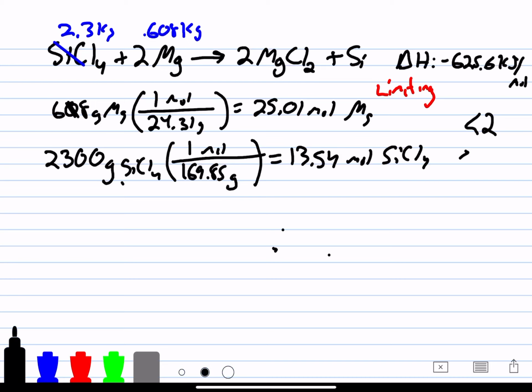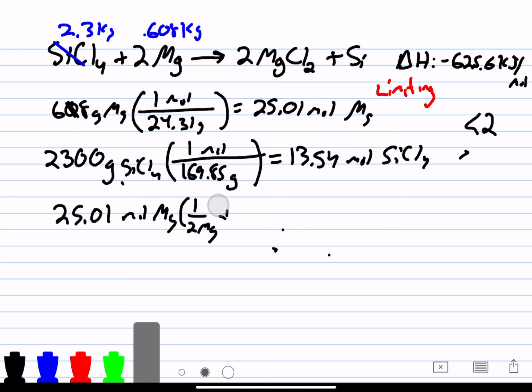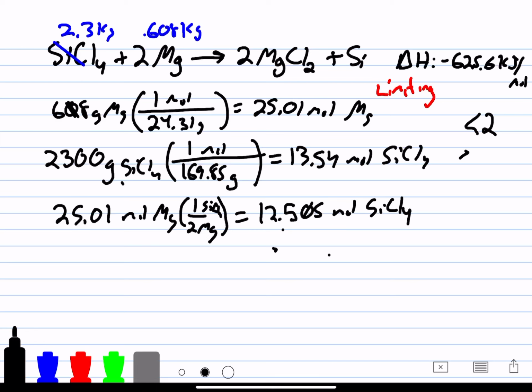So if we have 25.01 moles of magnesium, well, 2 moles of magnesium reacts with 1 mole of silicon tetrachloride, which means we need 12.505 moles of SiCl4 to do this reaction.